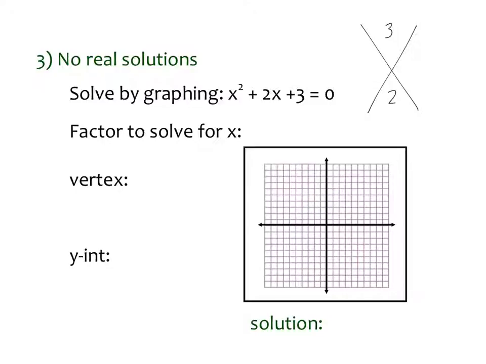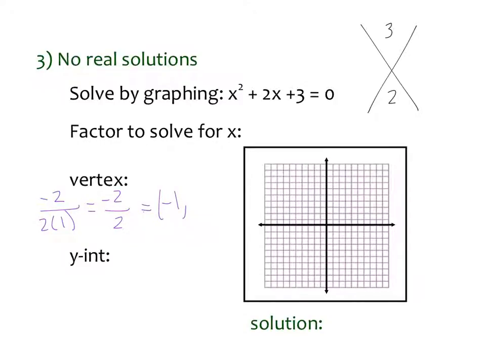So let's go ahead and try to graph this equation by finding the vertex and the y-intercept. And then we'll have the axis of symmetry as well and just connect the points with a smooth curve. So let's look at the vertex. I'm going to figure that out by finding the opposite of b over 2a, which would be -2 over 2 times 1, which equals -2 over 2, which equals -1.